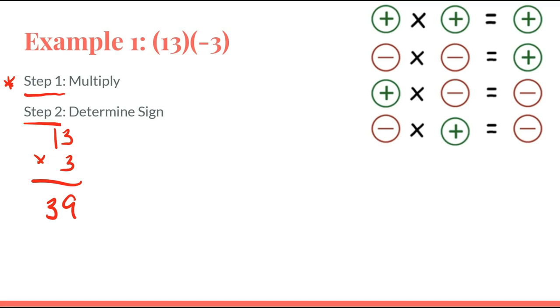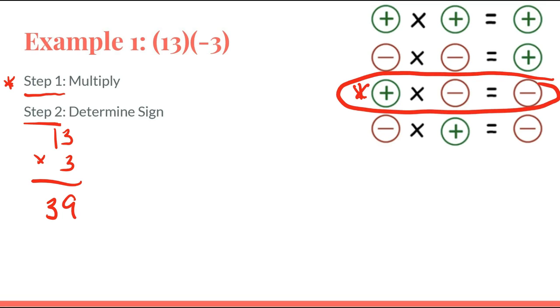My 3 is negative. So I have a positive times a negative, which I can see right here. And if I follow my rule, when I do a positive times a negative, I get a negative result. So 13 times 3 is 39, but 13 times negative 3 is negative 39. Again, very simply, signs are the same, your answer is positive. Signs are different, your answer is negative. Let's do another example.